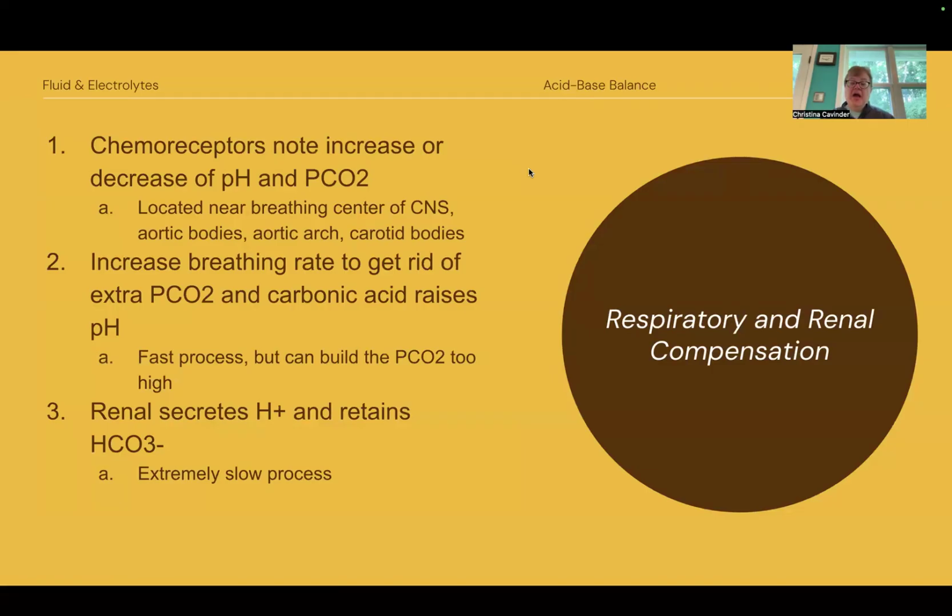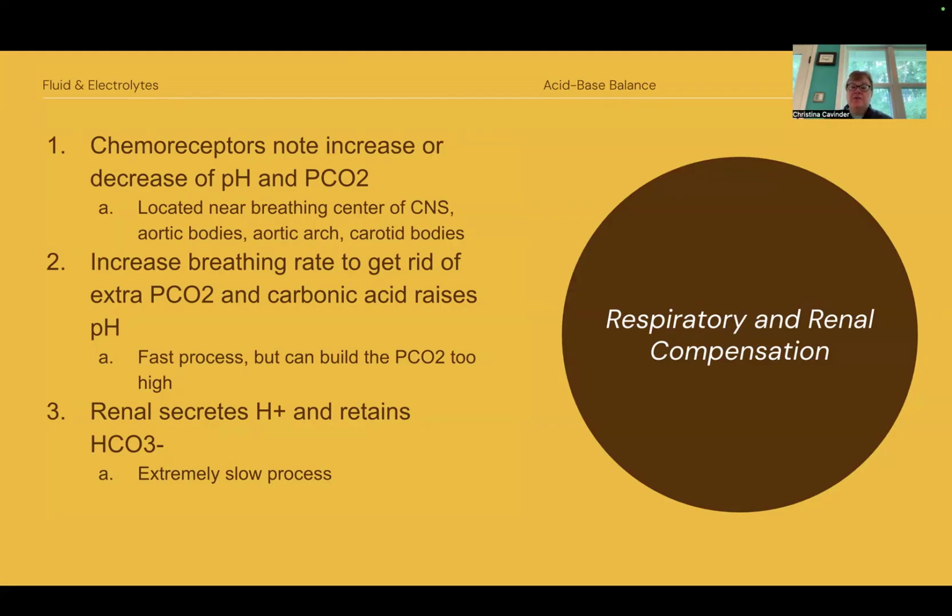We do have chemoreceptors that detect increases or decreases in our pH and our CO2 levels. These are located in the breathing center of the CNS, in the aortic bodies in the aortic arch, and the carotid bodies. They are picking up your pH and your CO2 levels.